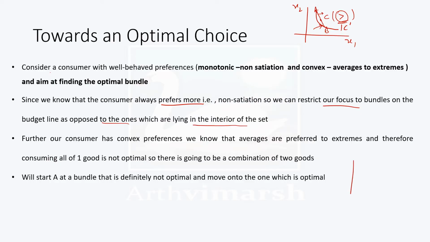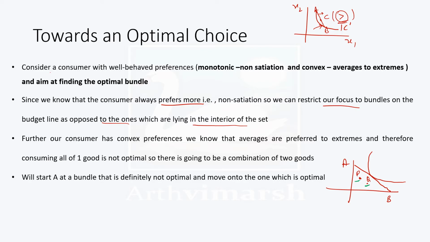Now say for instance, given this budget line AB, there is a consumption bundle which may lie here at point P or Q as well, right? We are not going to consider these cases simply because they are not in line with these assumptions of the preferences.